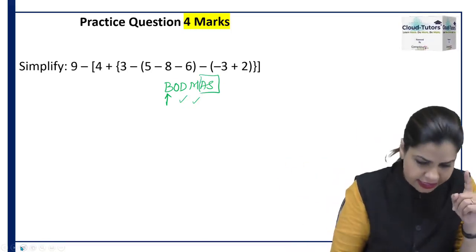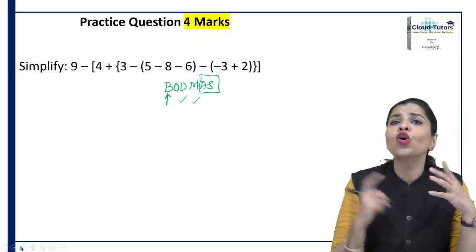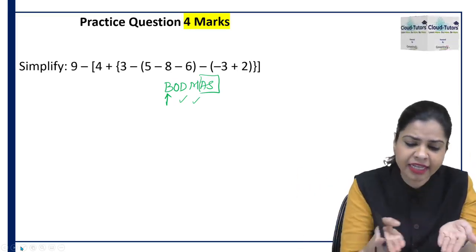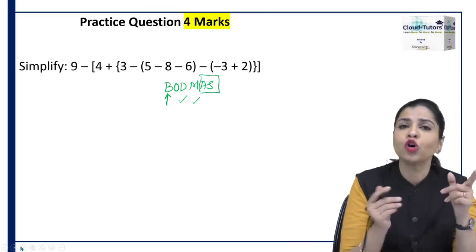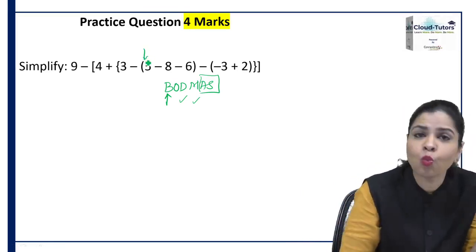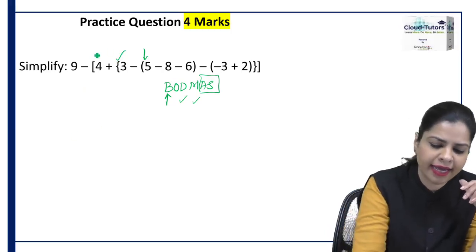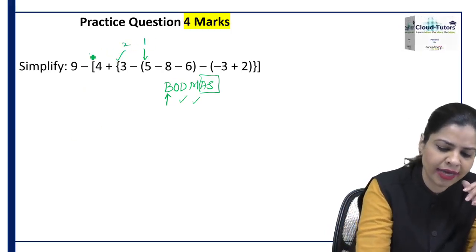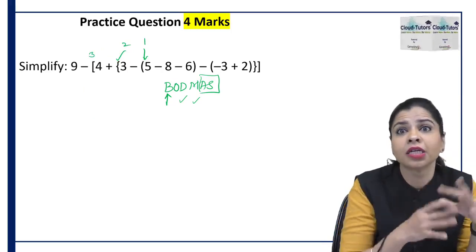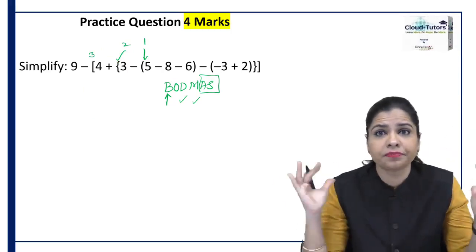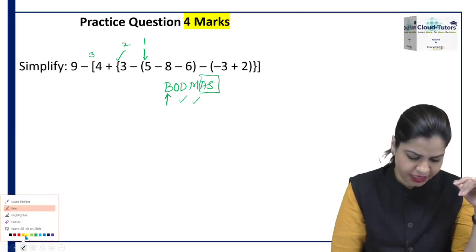So let's get started. Now again in the brackets, who gets the priority? I can see that there are different types of brackets. So starting with 1, solve that. Then 2, and the square brackets is third. Let's get started.